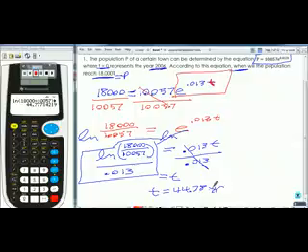They didn't ask me how many years. They asked me when. So in what calendar year. So I'm going to take 2006, which was my baseline, plus my 44.78. That's going to give me 2050.78.